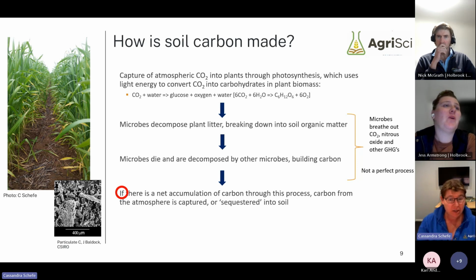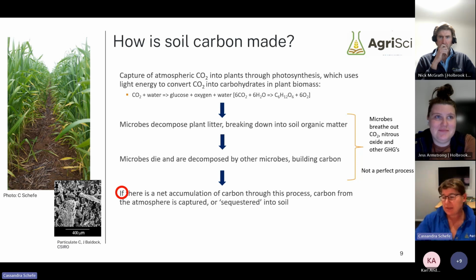If we want a healthy functional cycling system, that means that there's going to be a lot of cycling and turnover of organic matter. Our ability to increase those levels is then dependent on some of the constraints in our system and some of the environmental limits that we're dealing with.